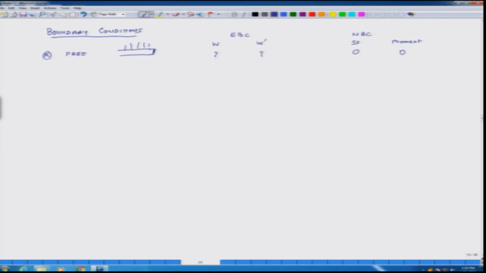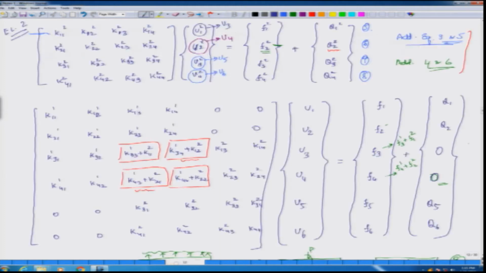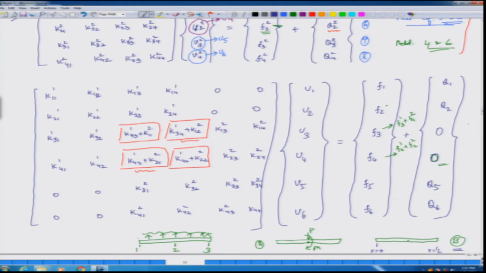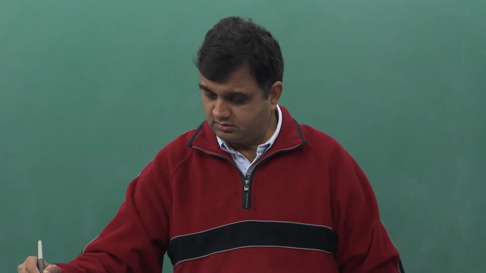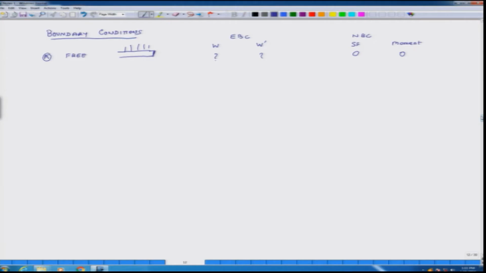So, if this end corresponds to node 2, the extreme end of the beam, then in our equation Q5 and Q6 will be prescribed as 0. Q5 is the shear force and Q6 is the moment. So, we have to look at each of the boundaries and see what things we are going to prescribe.